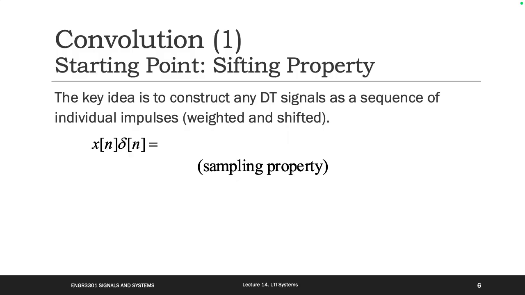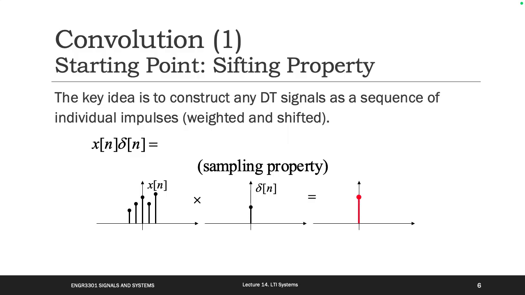If this is multiplied by the signal x[n], what can you get? Only the value here, am I right? Because the other values are just 0. So you get this one, and it should equal this.